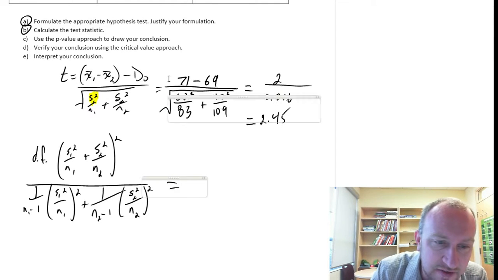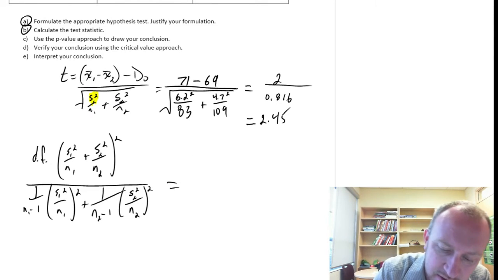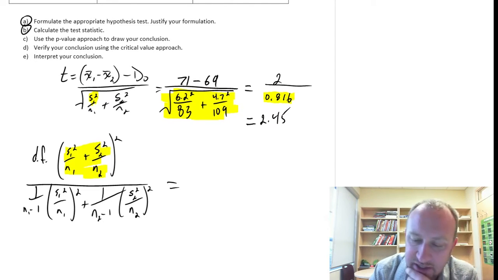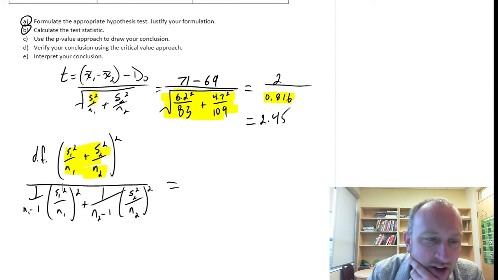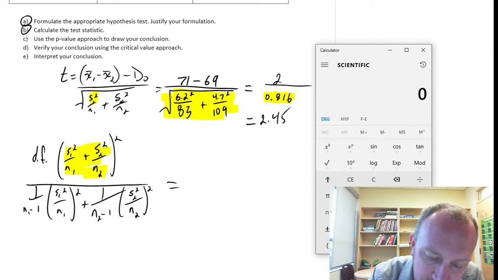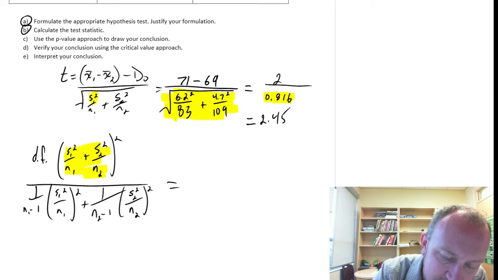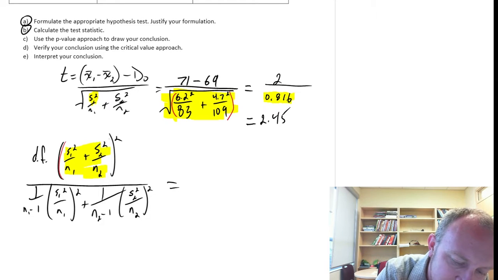If we remember this denominator, that's this part here, which is very similar to what we have over here. What I've got in the denominator up there is the square root of this piece, the square root of all of this, which is the same as all of this.